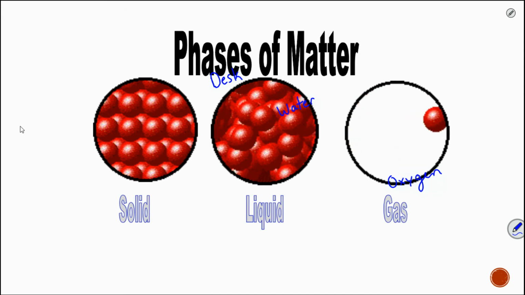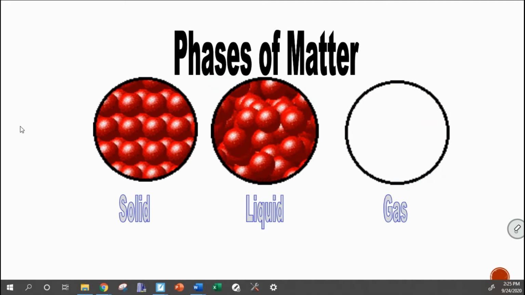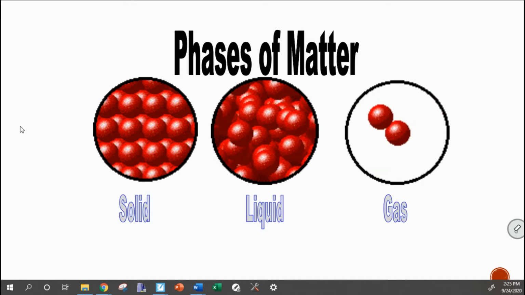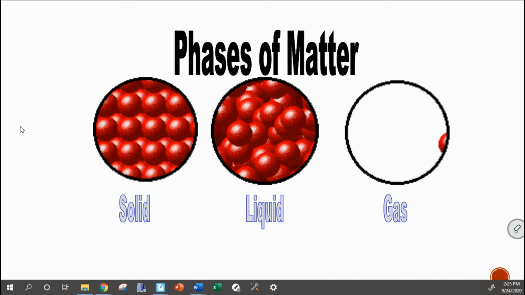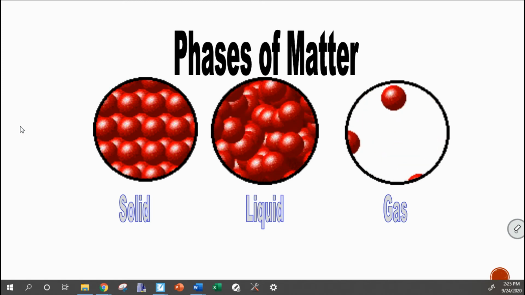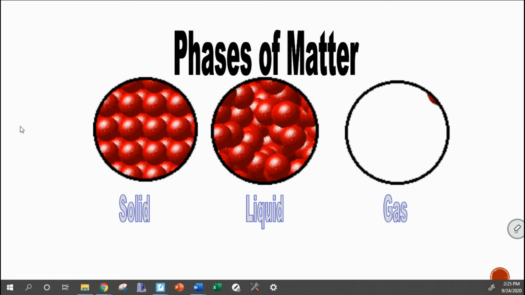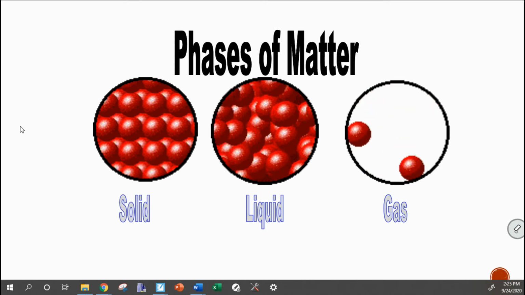So if we zoom in on those 3 different states of matter, or 3 different phases of matter, what we'll find is that the solids have particles that are very close together. Liquids have particles that have a little bit of space between them, and they can slide past each other. And gases, they have a lot of space in between them, and the particles are moving really, really fast.